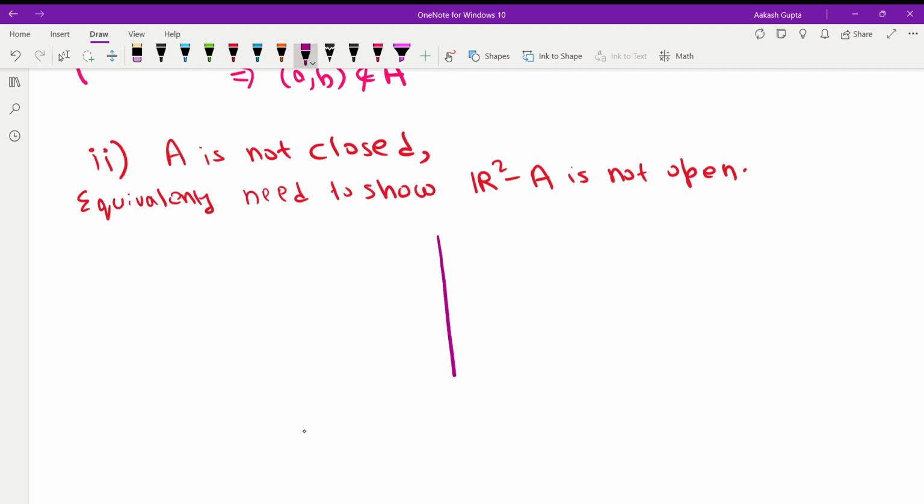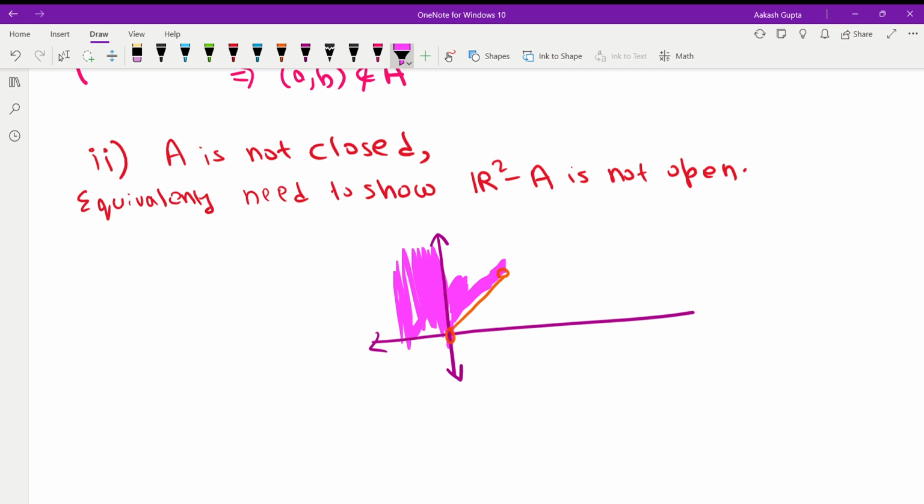So let us again plot it. This is my A, and apart from that, including this point, everything is R2 minus A, right? Apart from that line, including this point.